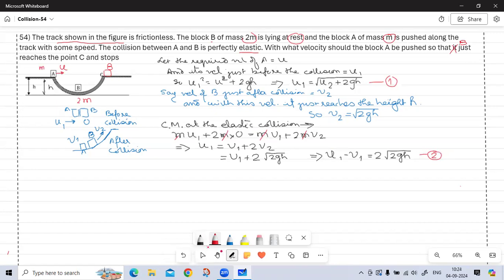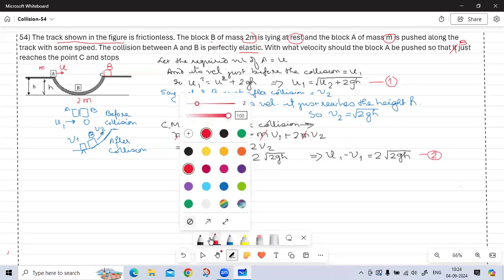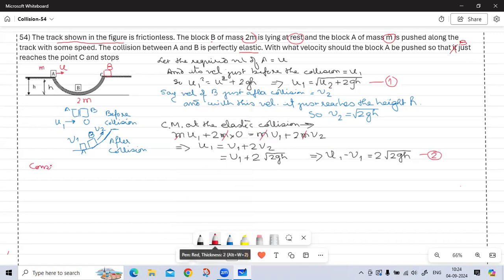Also, now we consider the conservation of energy, conservation of kinetic energy.